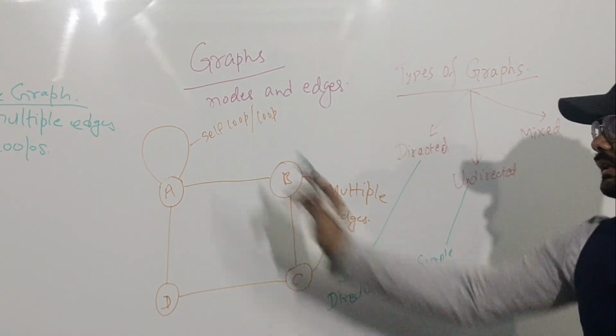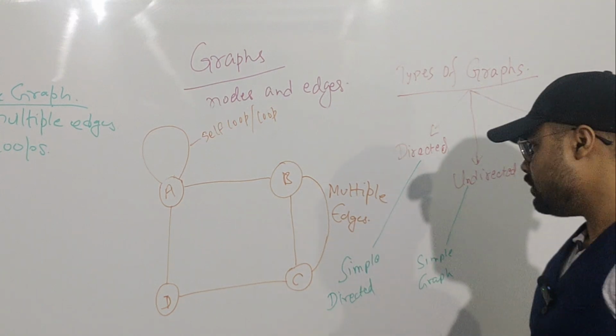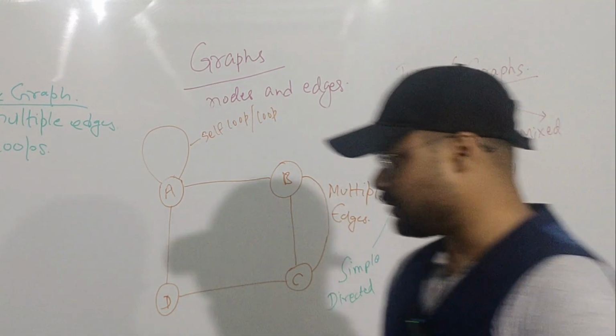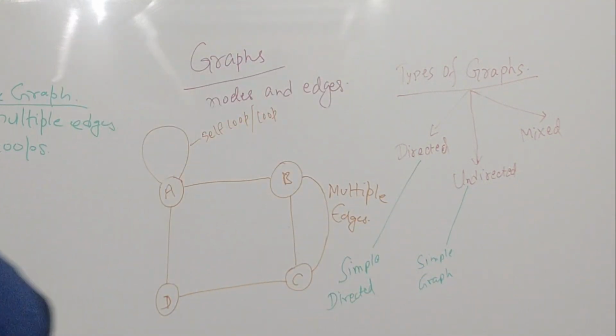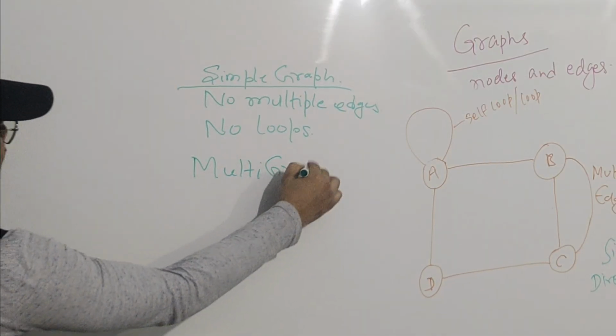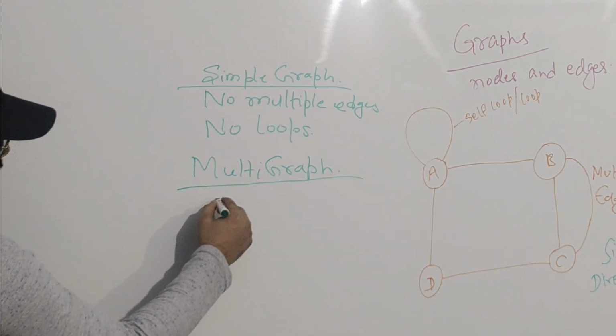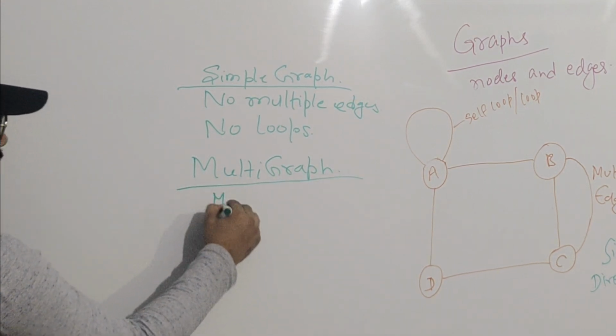If you do not allow the self loop in your graph, but multiple edges are allowed and self loops are not allowed, that is called a multigraph. So what is a multigraph?